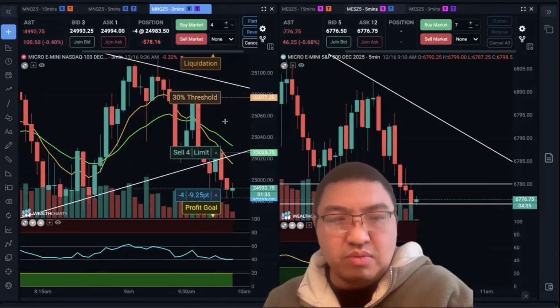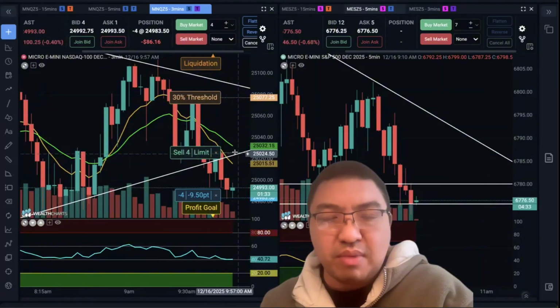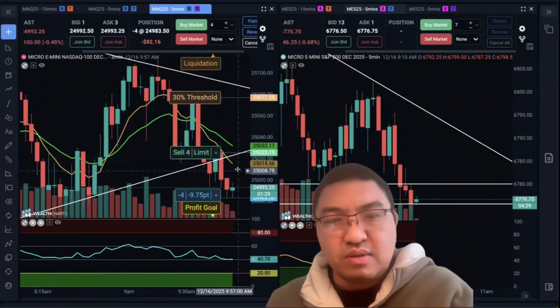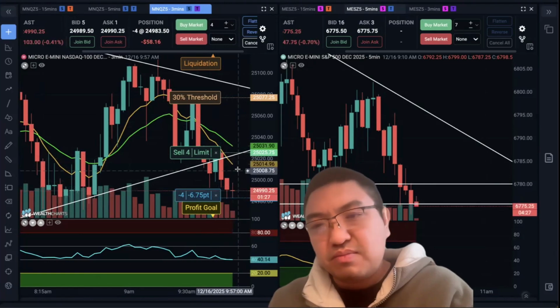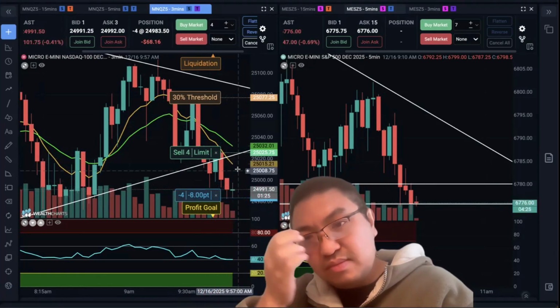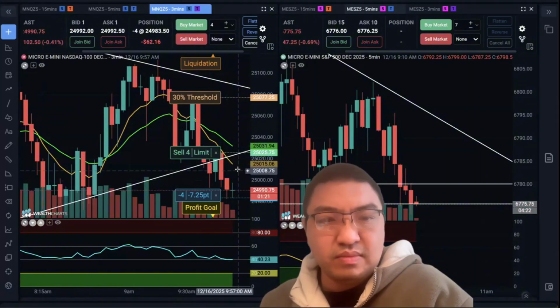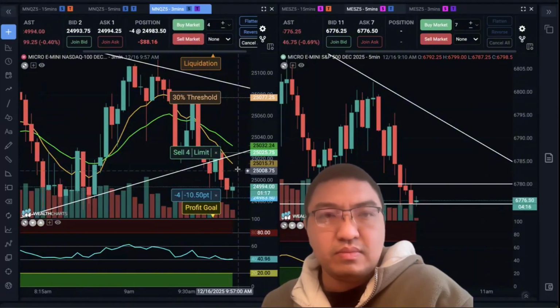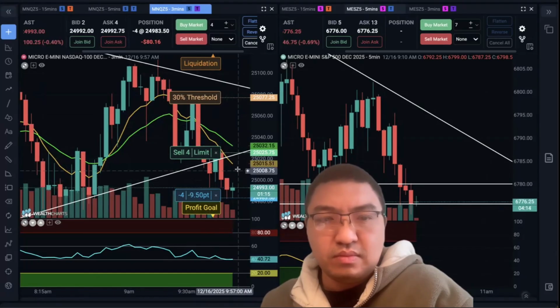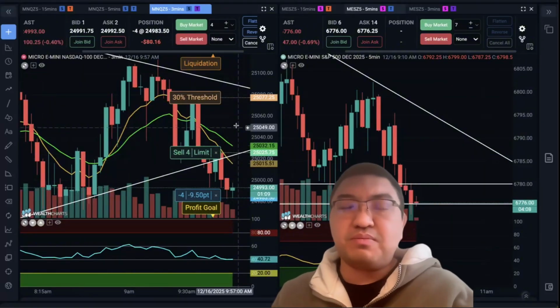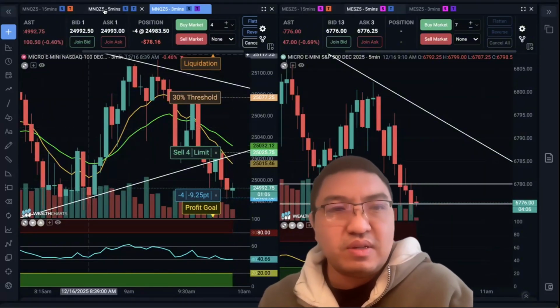So I'll probably move this one to here. I will add my complementary. We're going to go sideways somewhere around here. That's my hypothesis. But if it keeps going back, that means it reduces to sideways.